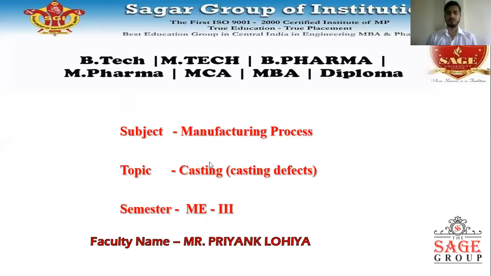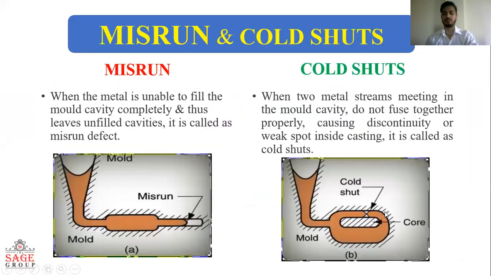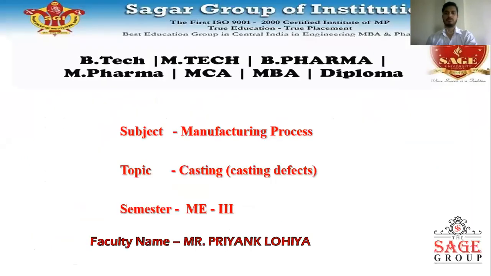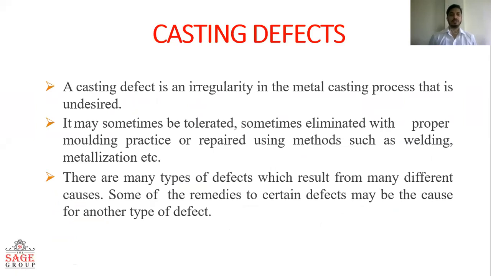So first, what is a casting defect? A casting defect is an irregularity in a metal casting process that is undesired.